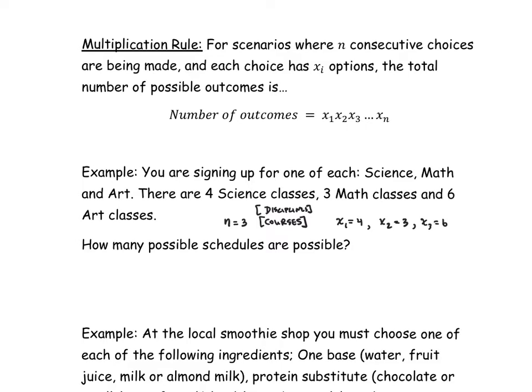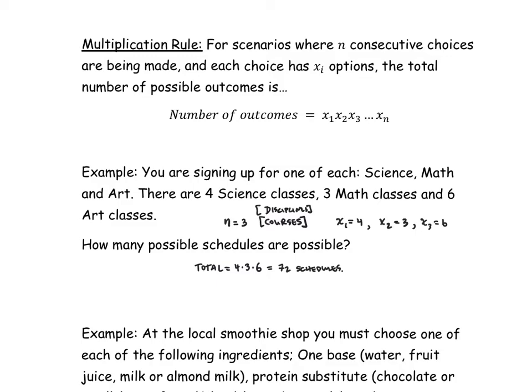And there you have it. So the number of possible schedules would be 4 times 3 times 6, which comes out to be 72 schedules. Okay, so the multiplication rule is pretty straightforward.